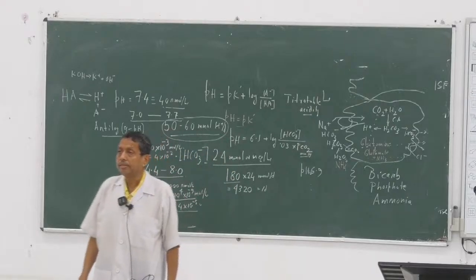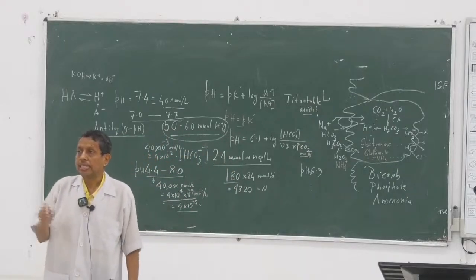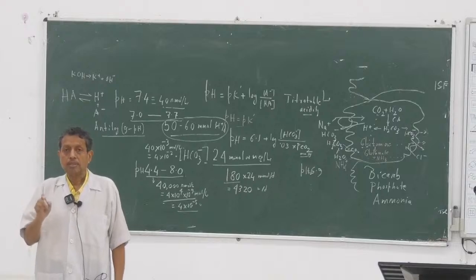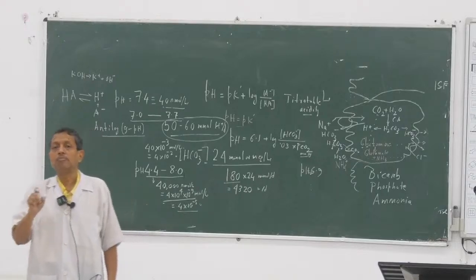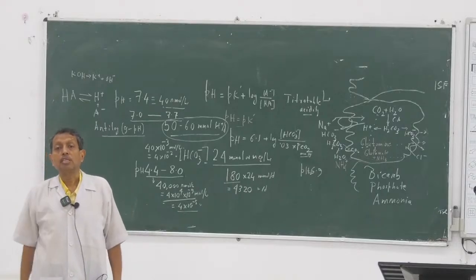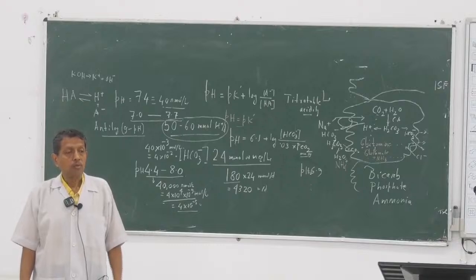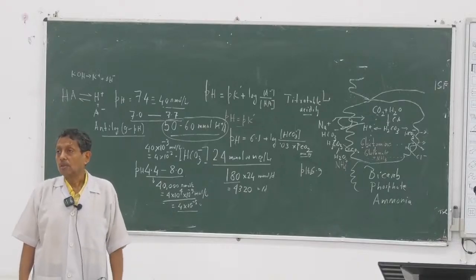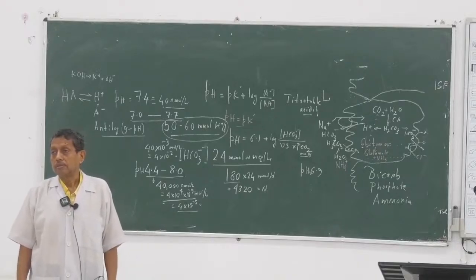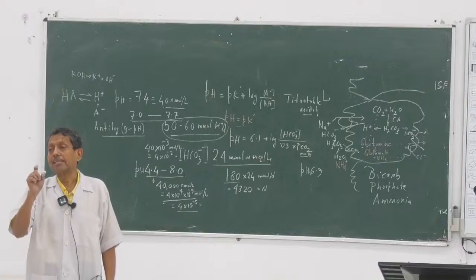When the urine is acidic, then by means of titration with strong alkali up to 7.40, we get the value of titratable acidity.